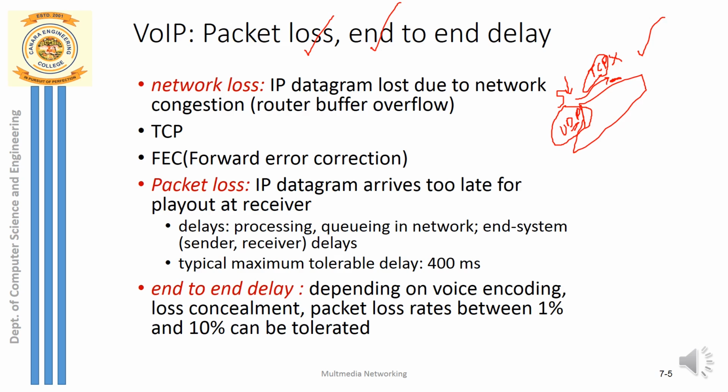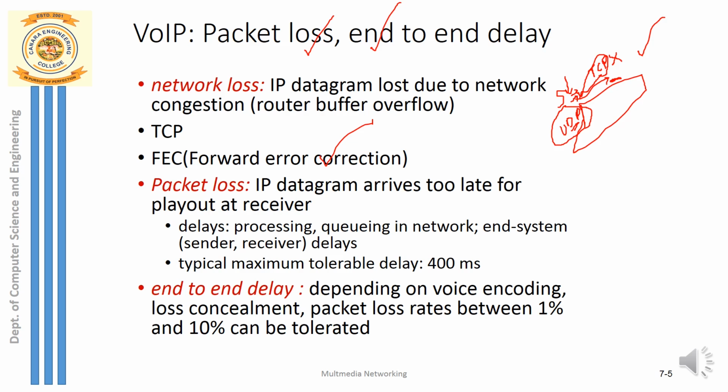That is one thing. There is one more solution that we can give for this packet loss. That solution we can call forward error correction, as you can see here, FEC indicates forward error correction. So what is this forward error correction? Suppose any packet is lost. Along with the original packet, you send a duplicate packet. This is a precaution. When the sender is generating audio, that audio will be sent as the original audio, and along with that, a duplicate of that audio will also be sent.